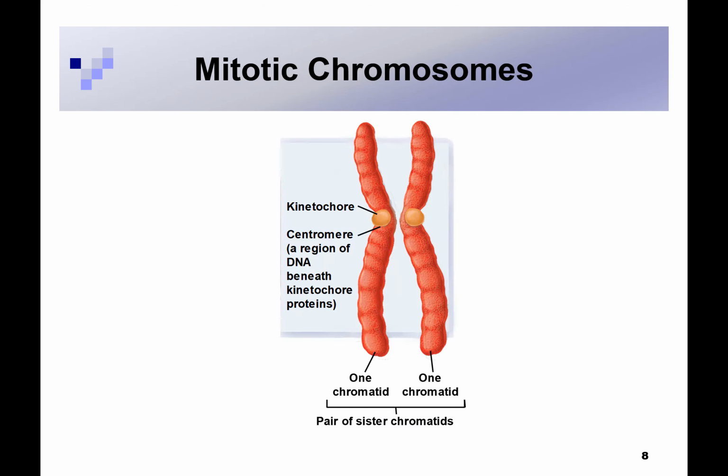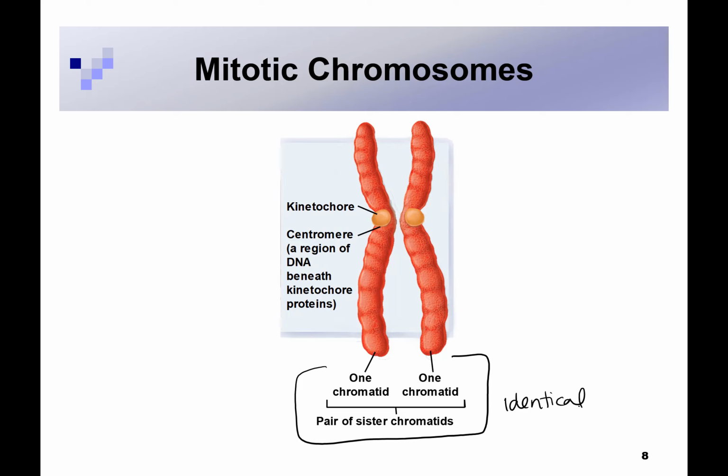Let's make sure we understand our mitotic chromosomes, because you're going to see these little X figures a lot. Down here, again, it shows you this is a pair of sister chromatids. One chromatid, one chromatid. They are identical because they have just been duplicated.